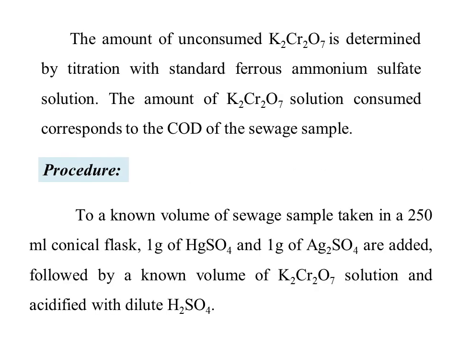After complete oxidation of organic compound, the excessive unconsumed potassium dichromate remaining in the complete sample is going to be determined by titration with the help of standard ferrous ammonium sulfate.